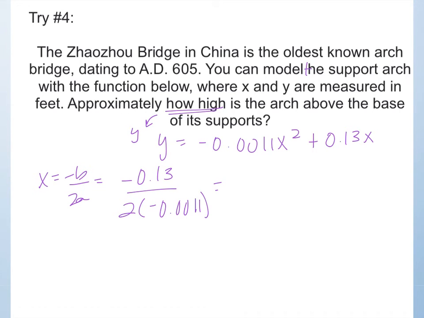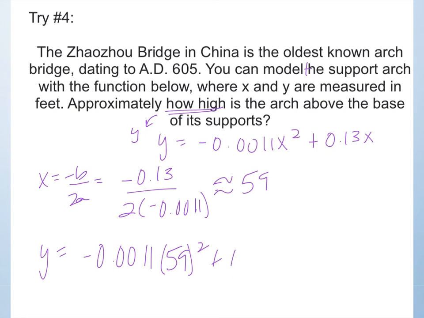2 times negative 0.0011, and then negative 0.13 divided by that answer would give us about 59. Okay, then after that, we're going to substitute that in. So negative 0.0011 times 59 squared plus 0.13 times 59.